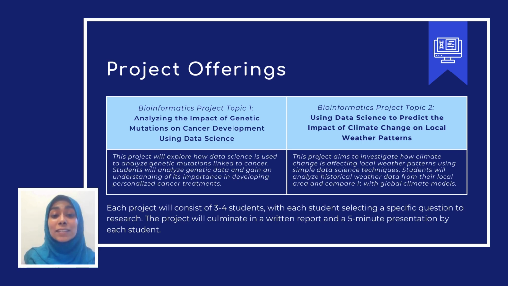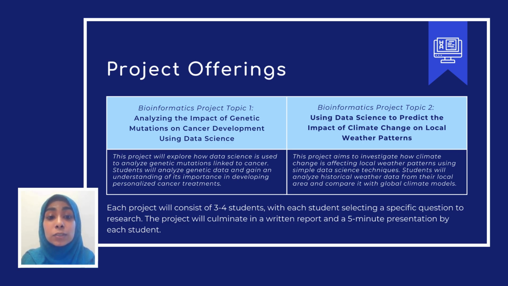Yeah. Next up, we have our second project, which is using data science to predict the impact of climate change on local weather patterns. This project focuses on understanding how climate change affects local weather patterns using basic data science techniques.